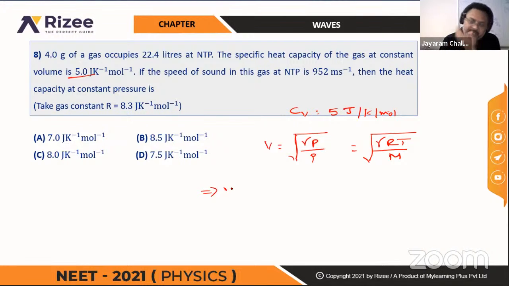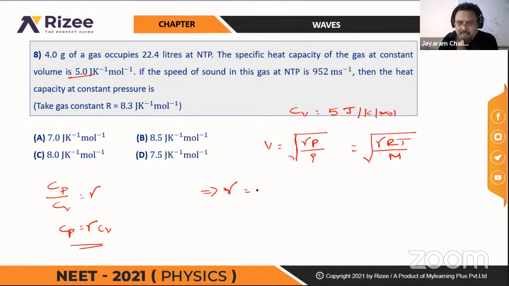If I can get gamma, we can put it in Cp by Cv is equal to gamma, and Cp is equal to gamma into Cv. So once we get gamma from here, we can get the other things also. So gamma can be written as velocity square into molecular weight by RT.